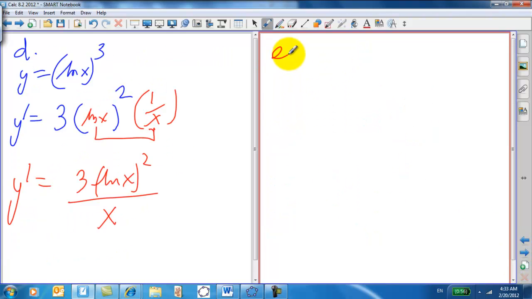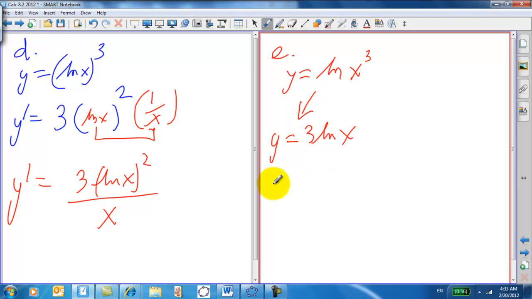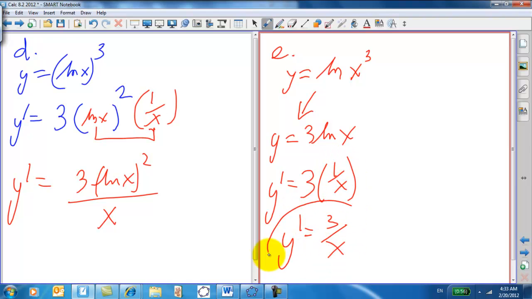Now let's make a part E that's slightly different: natural log of x cubed. When I write it like that, it just means I'm cubing the x inside. So again, you can take two approaches. Using log rules first to change it to 3 natural log of x is probably your best bet in this case, because then this is just a constant multiplier, 3, and the derivative of natural log of x is 1 over x. You get 3 over x.